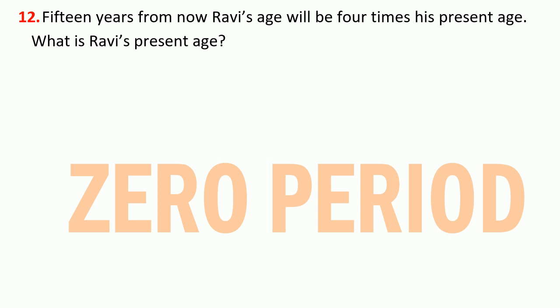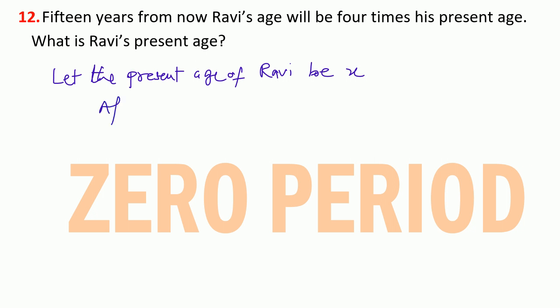Let the present age of Ravi be X. 15 years from now, after 15 years, the age will be X plus 15.